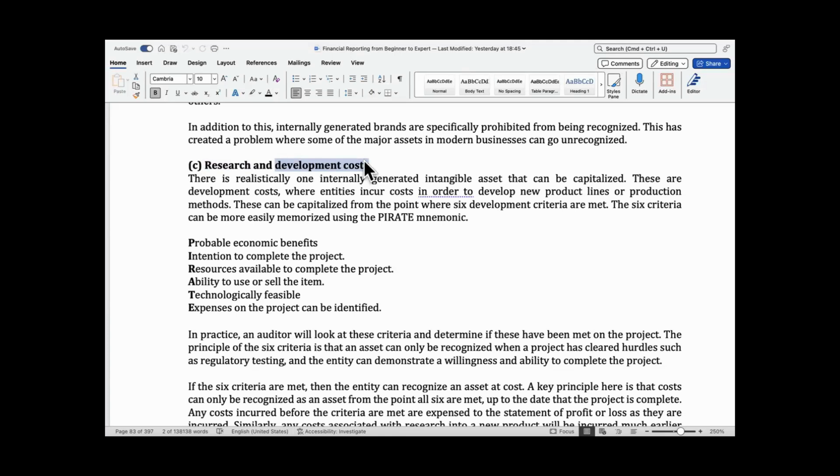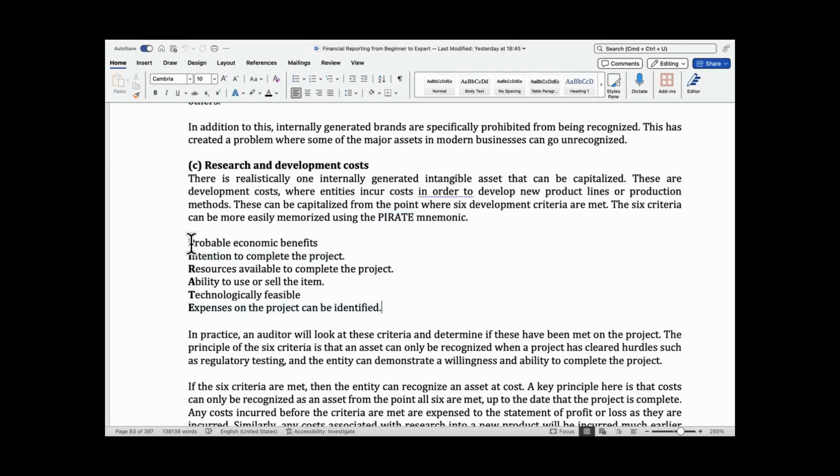And those 6 criteria, I shortened it for you as PIRATE. That is probable economic benefits, intention to complete the project, resources available to complete the project, ability to use or sell the item, is technologically feasible, expenses on the project can be identified.